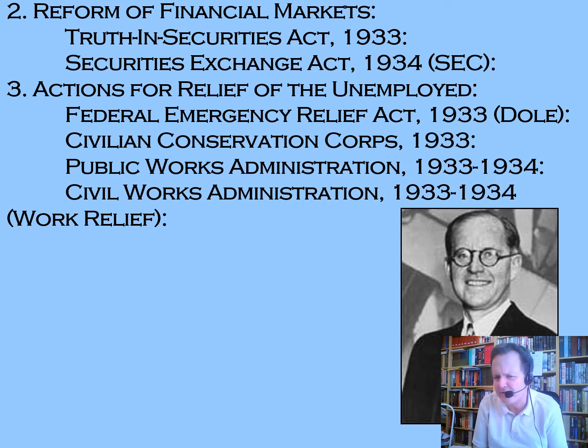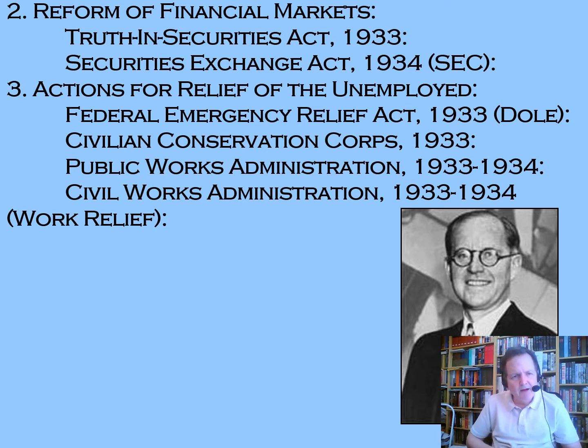It's kind of like if you want to test your computer security, you hire a hacker to see if he can get in. Joseph Kennedy knows how to manipulate the system to make money, and so he's the perfect person to keep an eye on what's going on. So that's a reform. It's designed to help prevent another Great Depression by protecting the stock market from unscrupulous activity.